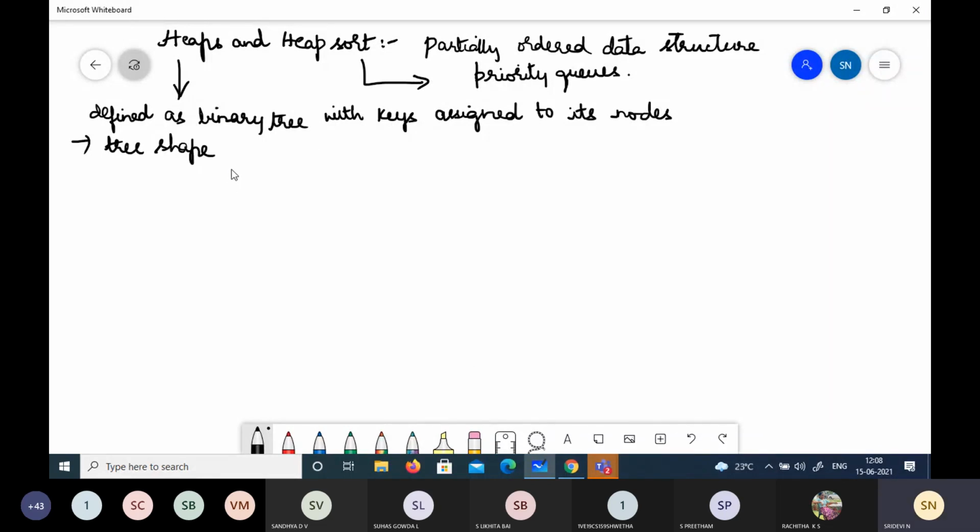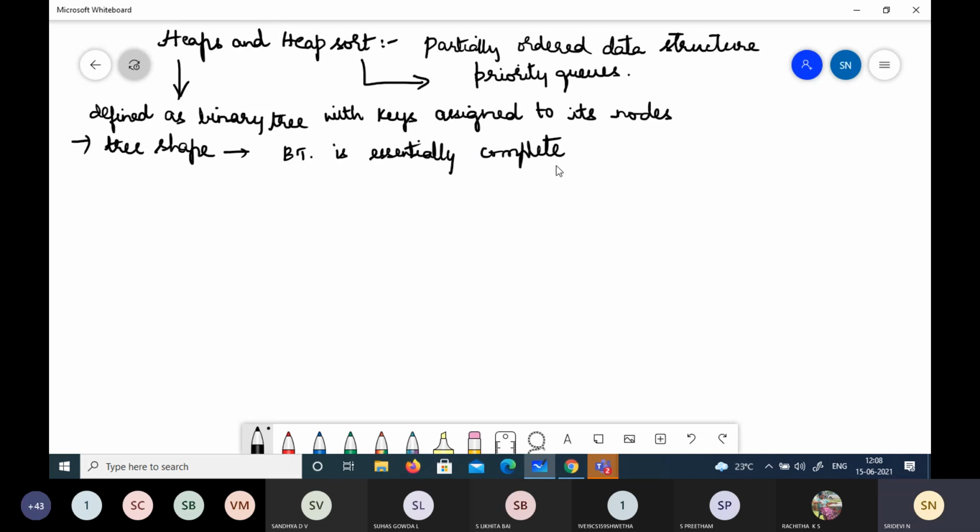You know the difference between a complete binary tree and a full binary tree? Don't search now, don't Google now, okay? You should know these things.